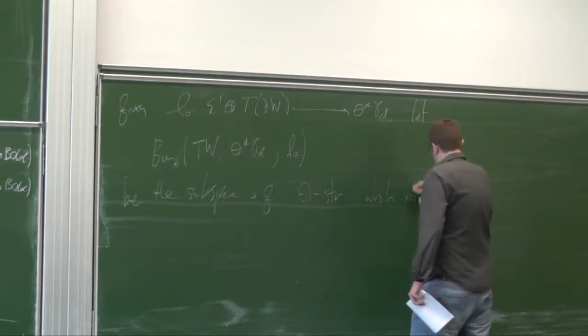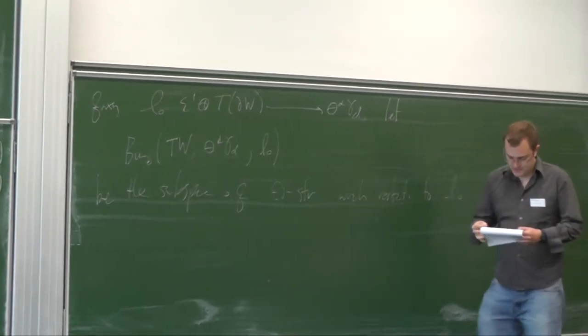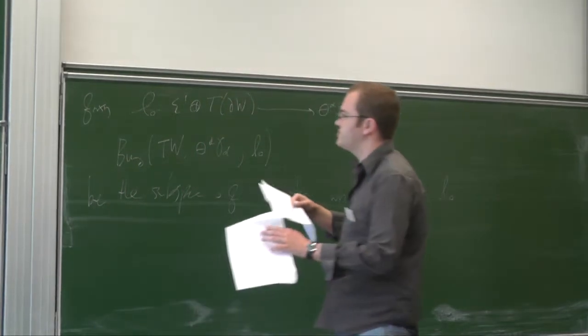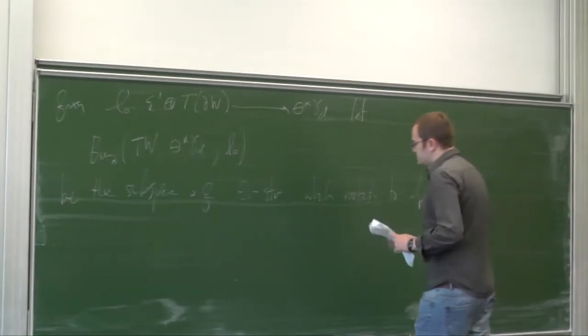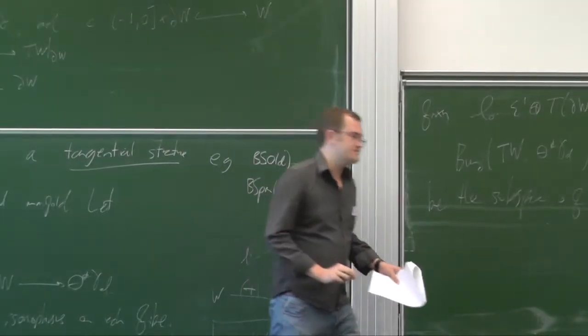So with respect to L0. Okay. So this is some yoga of theta structures on manifolds, and now I want to use this to make what I want to call a moduli space of manifolds with theta structure.